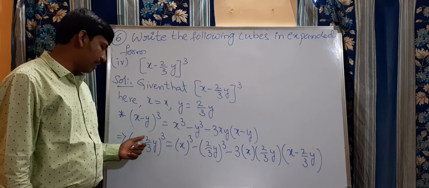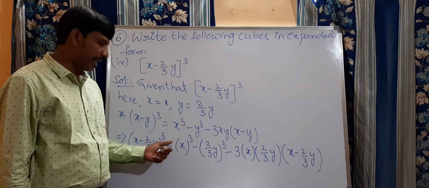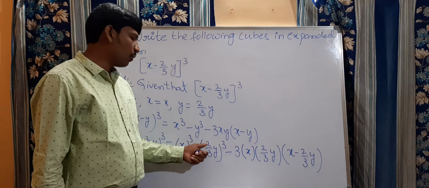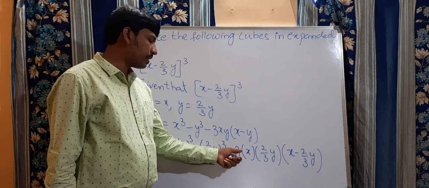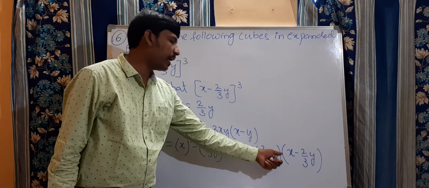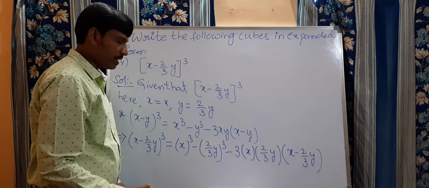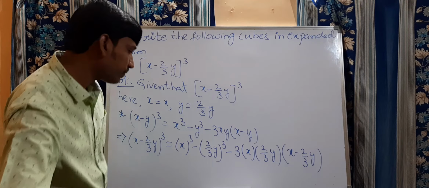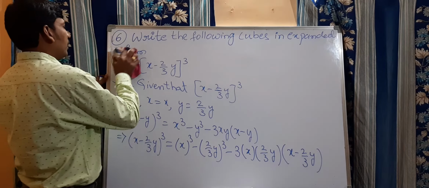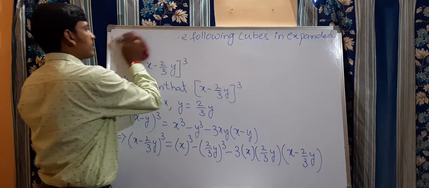You will get (x − 2/3 y) whole cube, that is x cube − (2/3 y) whole cube − 3xy into (x − y). Now simplify this, you will get the answer. I am going to erase this one.